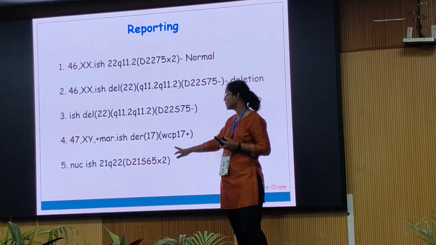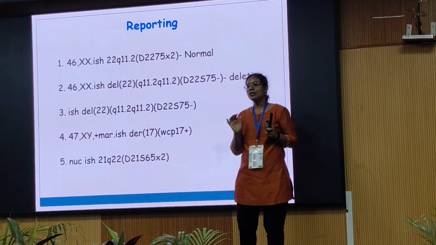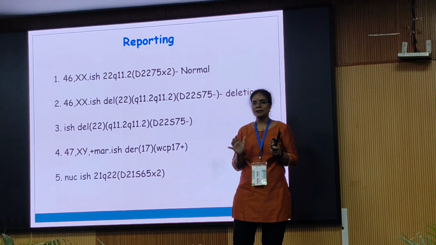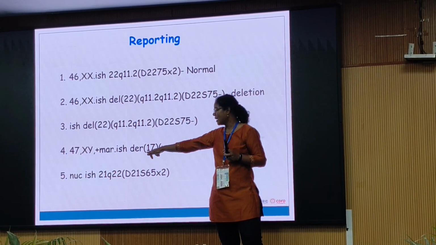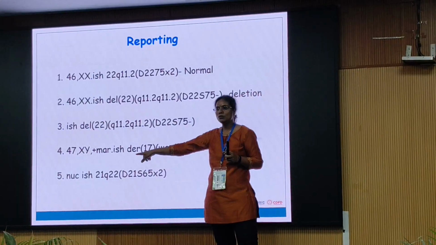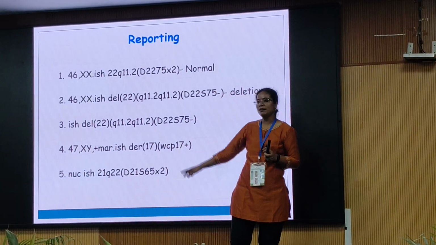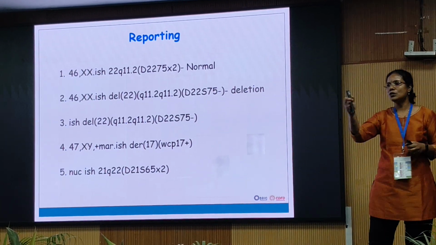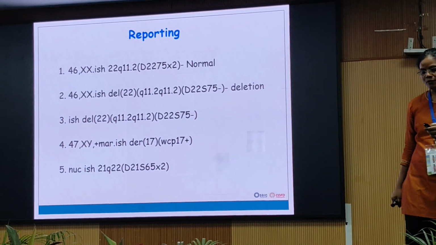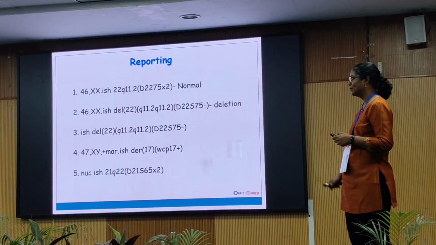And if you are reporting in interphase cells, then you can write NUC ISH 21. So NUC is nucleus, and then in situ hybridization. Maybe in your workshop manual, you can see we have given it clearly.